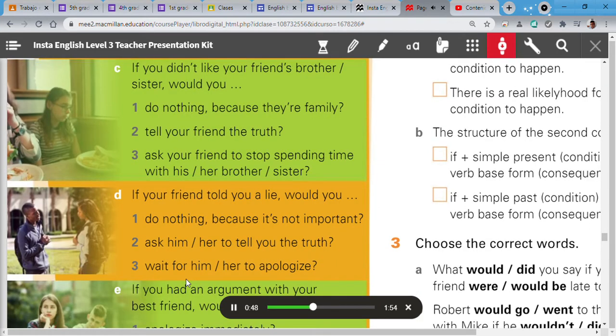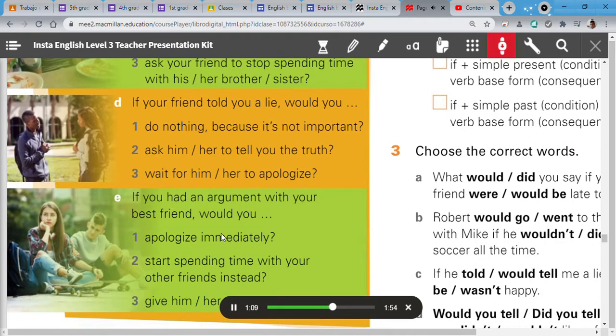C. If you didn't like your friend's brother or sister, would you 1. Do nothing because they're family? 2. Tell your friend the truth? 3. Ask your friend to stop spending time with his, her, brother, sister? D. If your friend told you a lie, would you 1. Do nothing because it's not important? 2.